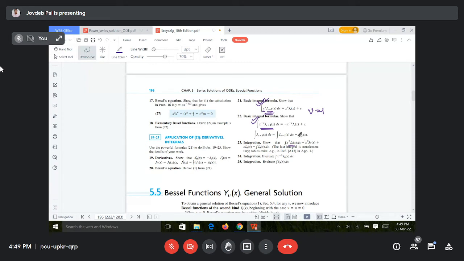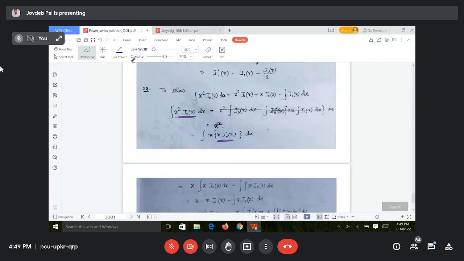Okay, do you get it? What is the need of splitting x squared J naught as x into x J naught? To apply this formula directly, I cannot apply it otherwise. So now in the by parts formula, you take that x as the first function and the remaining as the second, because in the formula there is the integration of the second function, right?